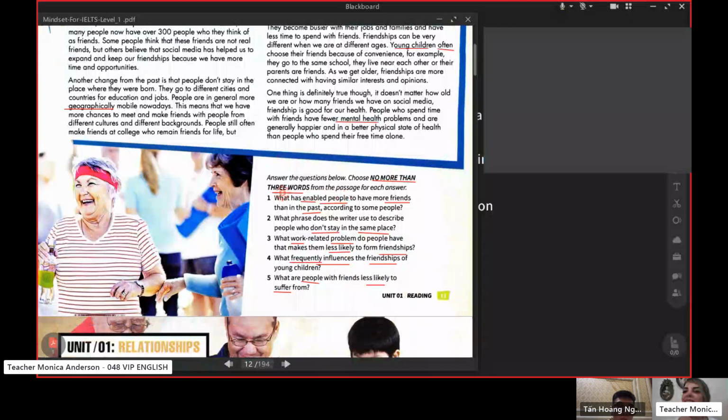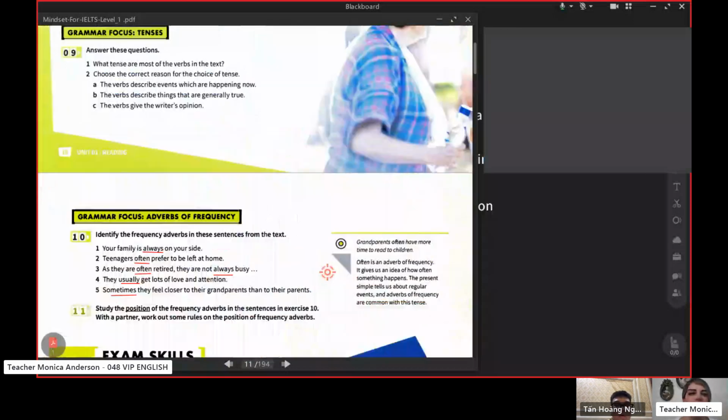Now we have the writing section, but before we start the writing section, I want to ask you about this reading section, if you have any issues or questions related to this part.